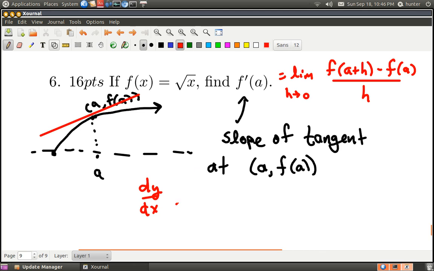So dy is f of the point where we do stuff, plus dx, minus f of a, all over dx.